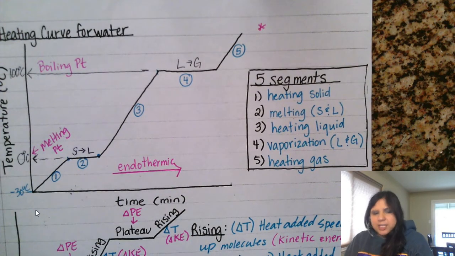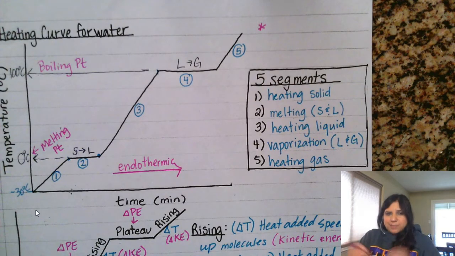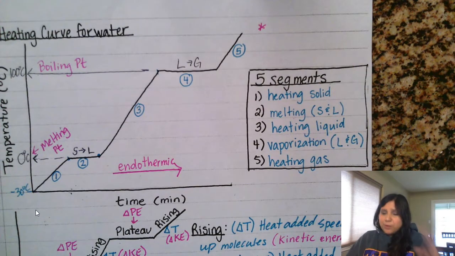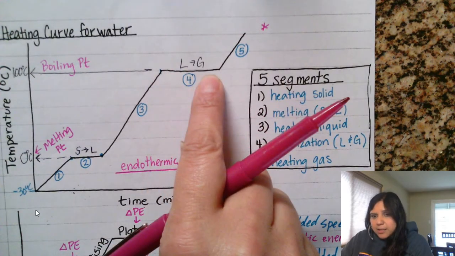So very little energy has to go into it to make them move because there's not as much space that has to be achieved. In the liquid to gas, however, there's a lot of distance. The liquid particles have to move far away from each other in order to turn into gas particles. So more energy is required, and therefore a longer line is on this graph.